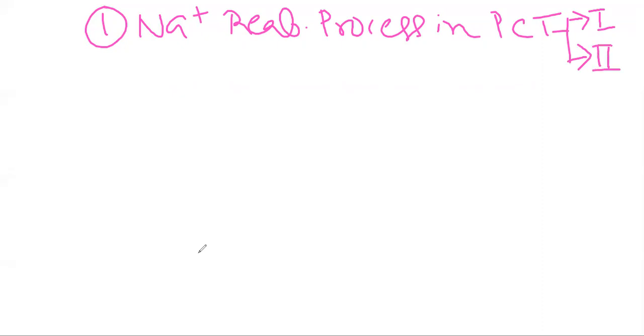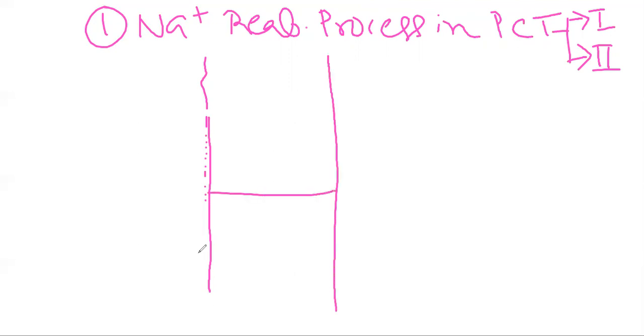To understand this, first we have to draw the early part and the late part, so that you can understand it better. Here it is part 1, and here it is part 2.